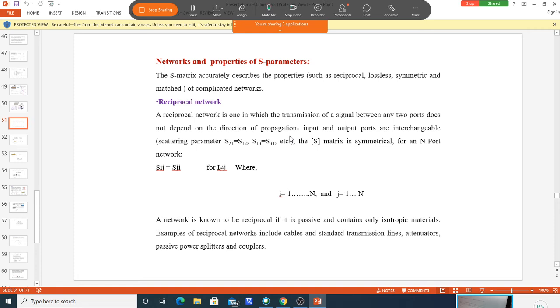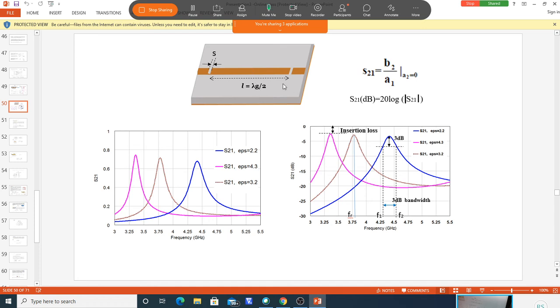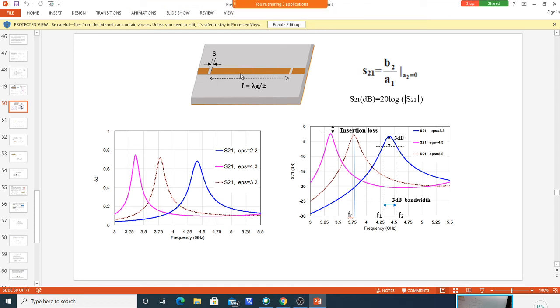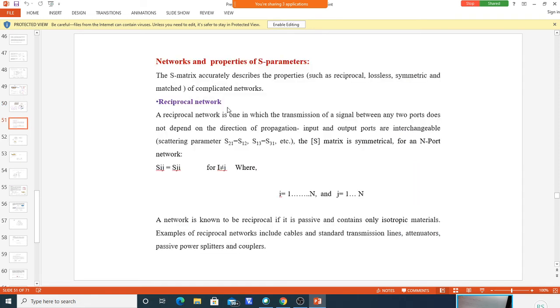The properties of that network remain the same. Input and output ports are interchangeable. You can send a signal in this direction or this direction, and the properties remain the same. You can interchange the input port and output port. That is not a matter for this network. So that is a reciprocal network.